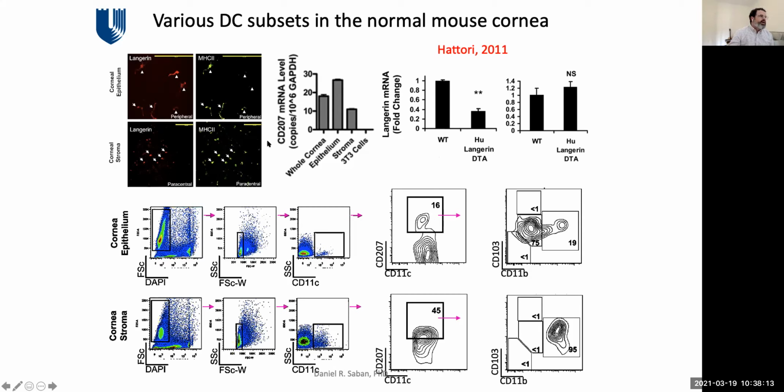The curious thing about them, though, if you look at Langerhans cells, this is Langerin expression in the epithelium. You can see there are some that express MHC class 2, but there are those that do not.